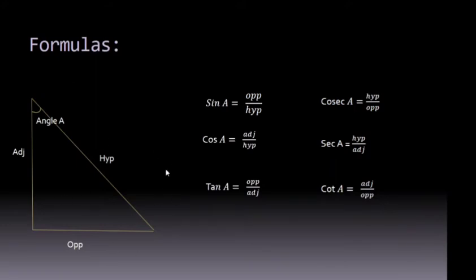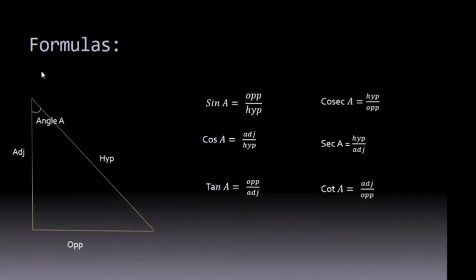Now suppose in this particular triangle I am considering the angle A as my angle under consideration. Okay, now for this particular angle A, this is my adjacent side. Okay, and this is my opposite side.